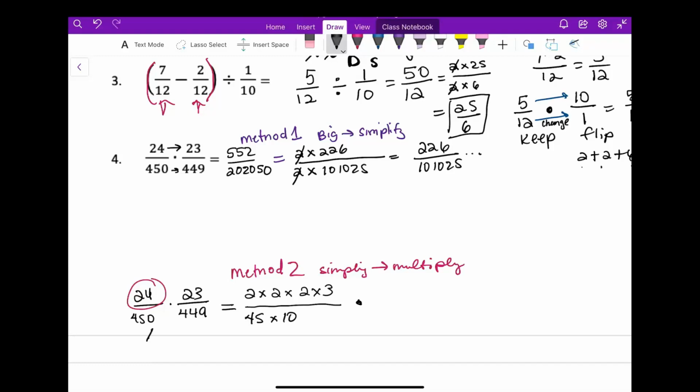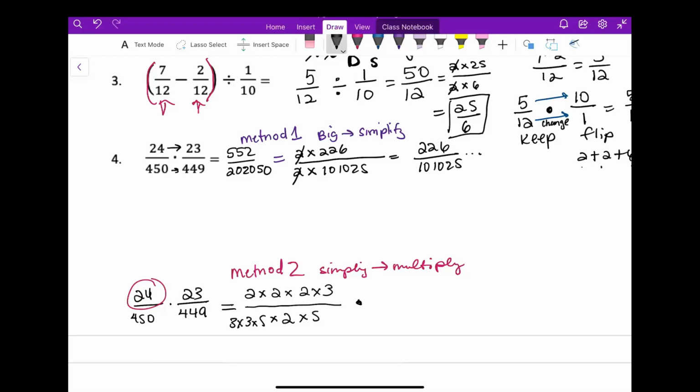I noticed the 0, so I know there's a multiplication by 10. My 45 can be simplified to 9 times 5. And my 9 can be simplified to 3 times 3. So I have 3 times 3 times 5. How about my 10? My 10 can be simplified to 2 times 5.